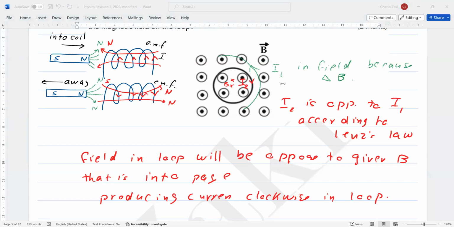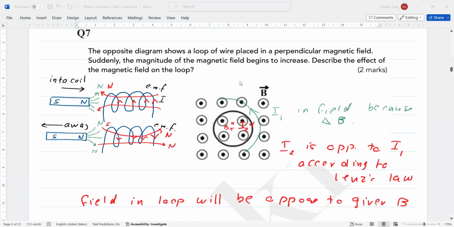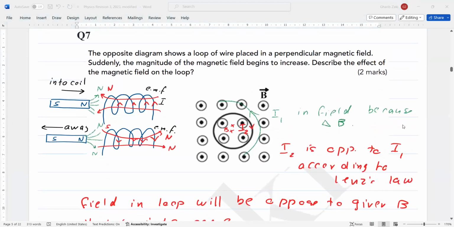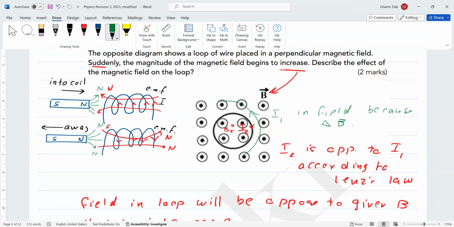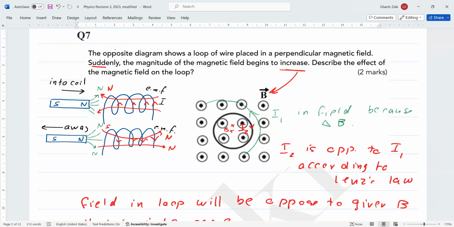Question number 7, again. First here, we have a change. I said suddenly the magnitude of the magnetic field increases. Then what will happen? Around the loop, we have induced current here, the green one.